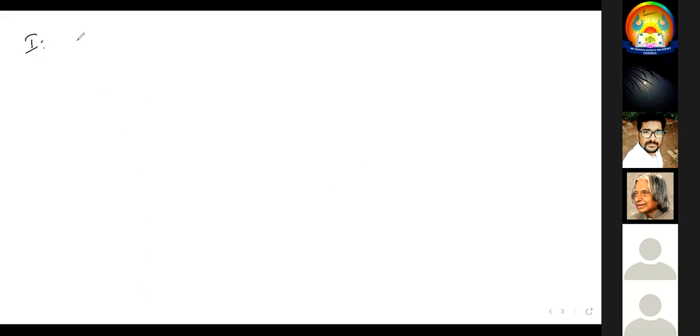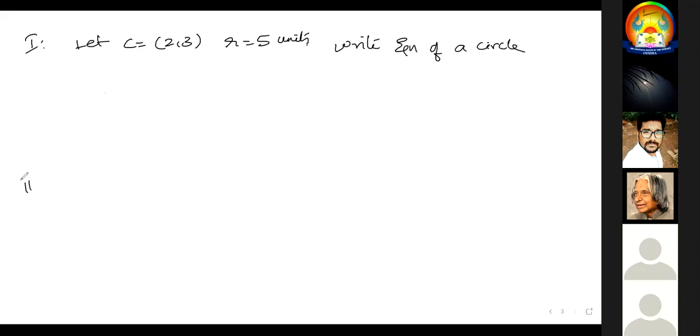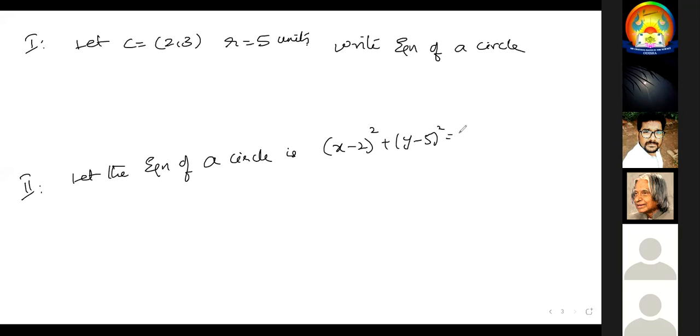An example I'm saying. First one, already you wrote that. Let C is equal to (2, 3), R is equal to 5 units. Write the equation of a circle. Second thing, let the equation of a circle be: x minus 2 whole square plus y minus 5 whole square equal to 36.